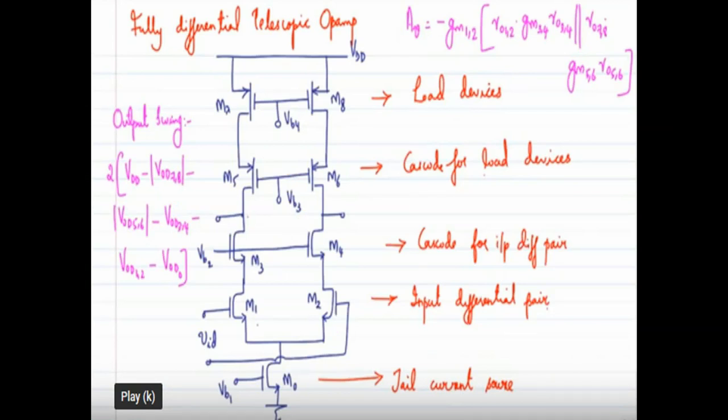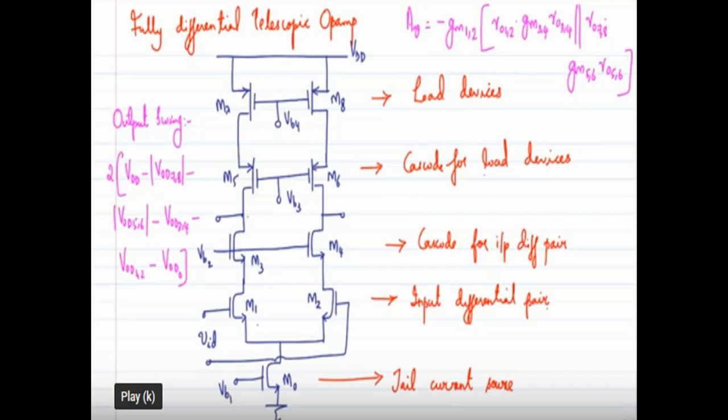So we remove the diode connection, and we bias the transistor with separate bias voltages named VB3, VB4. Okay, so this is a fully differential telescopic op-amp. Compared to the single-ended, the only difference is that we remove the diode connection and bias the transistor with a bias voltage.